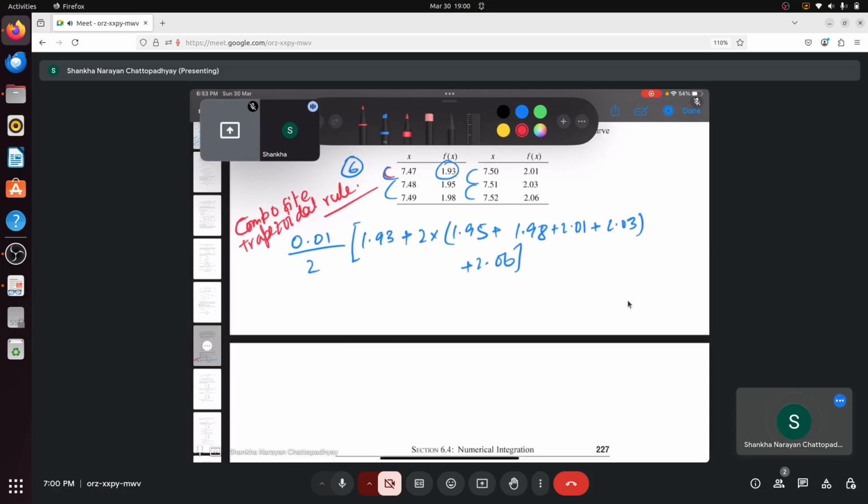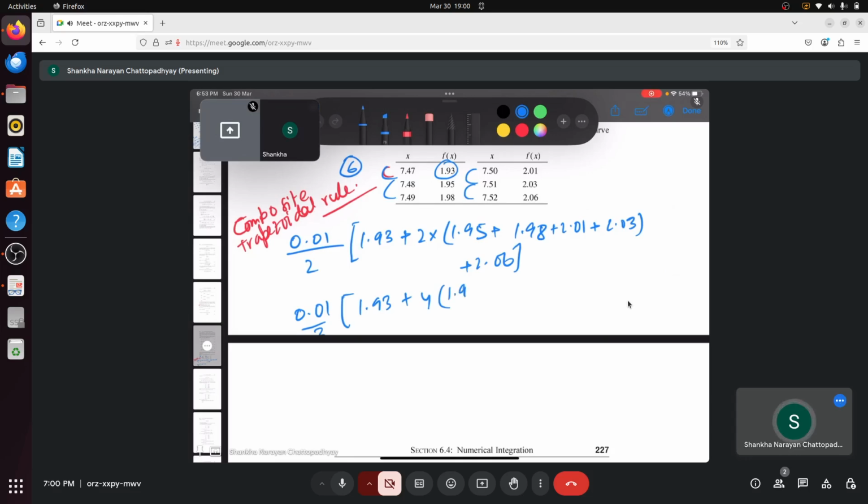You have 0.01 by 3, so first 1.93 plus 4 into 1.95 plus and so on.